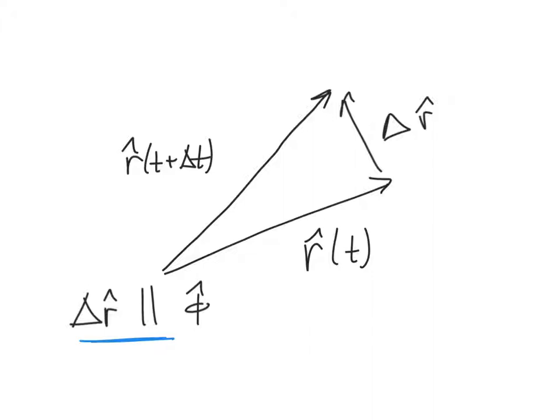You might be able to convince yourself that as the object of interest moves from this point to this point, phi, the angle, is changing. And so you can show that the angle between r hat at t and r hat at t plus delta t is delta phi.